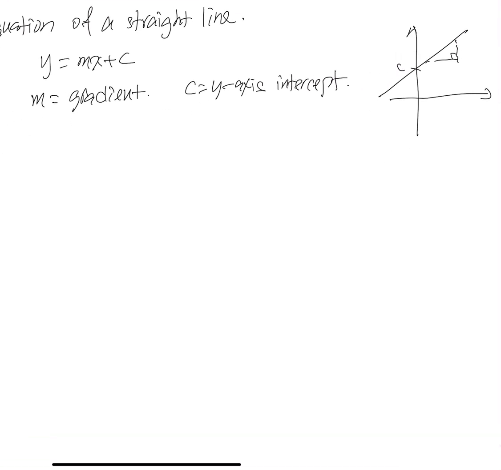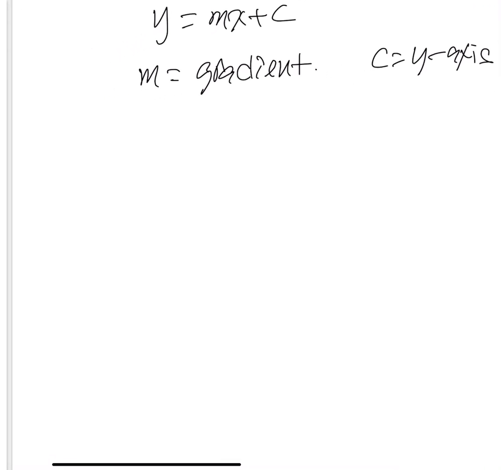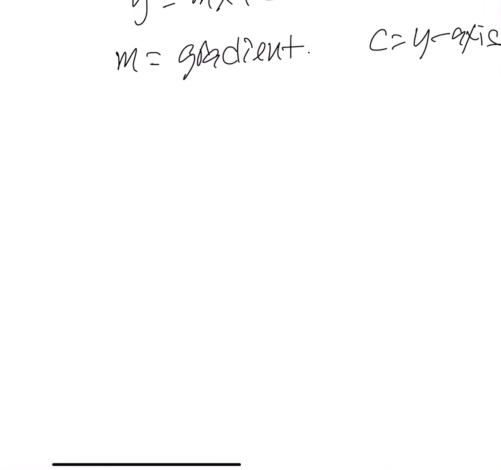Okay, so for the equation of a straight line, there are three conditions under which you can find it. The first one is if the question gives you the gradient, let's say the gradient is 2, and the y-axis intercept is 5.